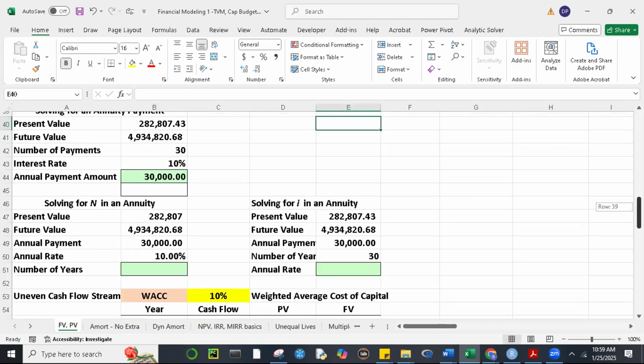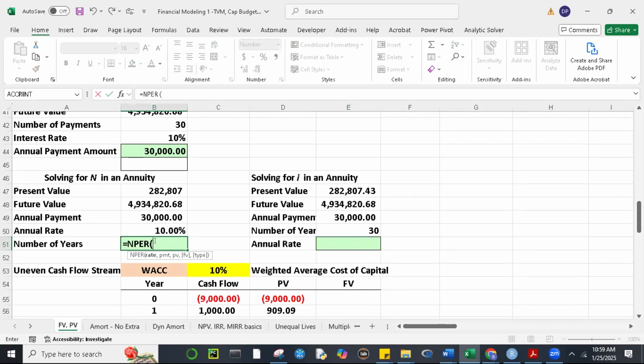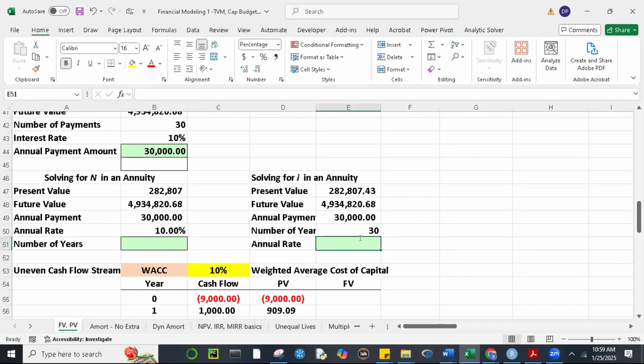All right, then how about this, class? Solve for N and solve for the rate. I'll give you 1 minute each. For this one, you're solving for N, so you have to use NPER. For this one, we're computing for the rate, so you have to use RATE. Tell me if you were able to get 30, because it's 30 years, and if you got 10%.